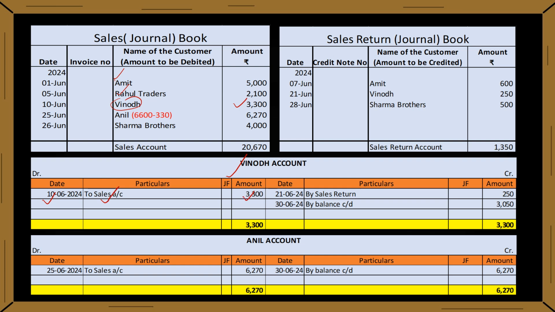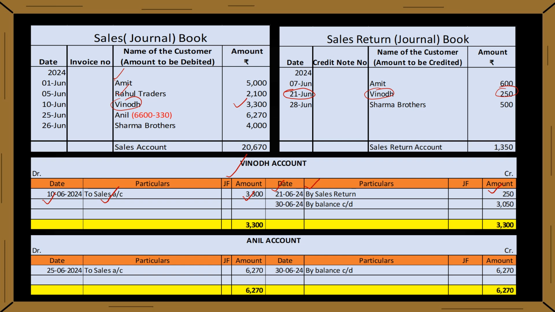Okay, let us see if there is any return from Vinod. On 21st June there is a return from Vinod for rupees 250. Journal entry for sales return is sales return account debit to Vinod. In the journal entry we have debited sales return. So in the ledger account of Vinod on 21st June 2024 we are going to credit, by sales return 250.